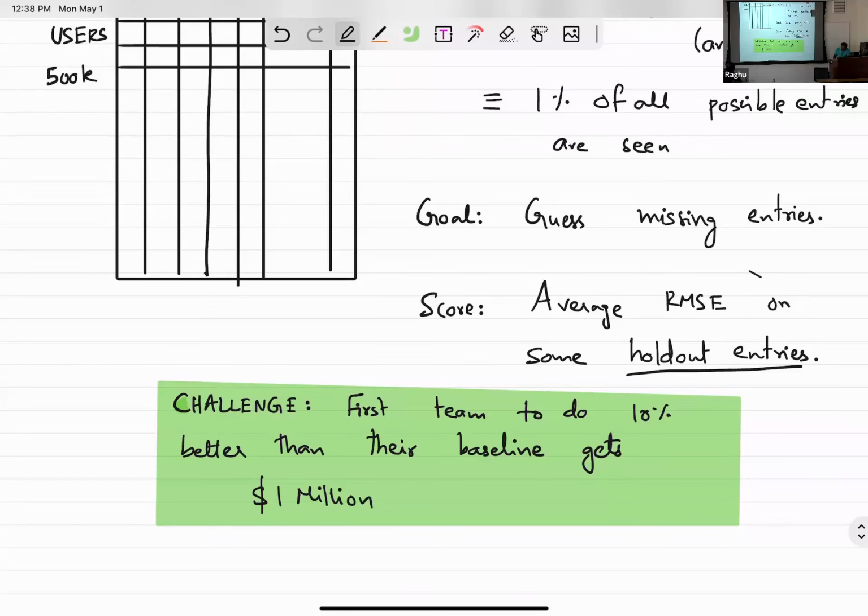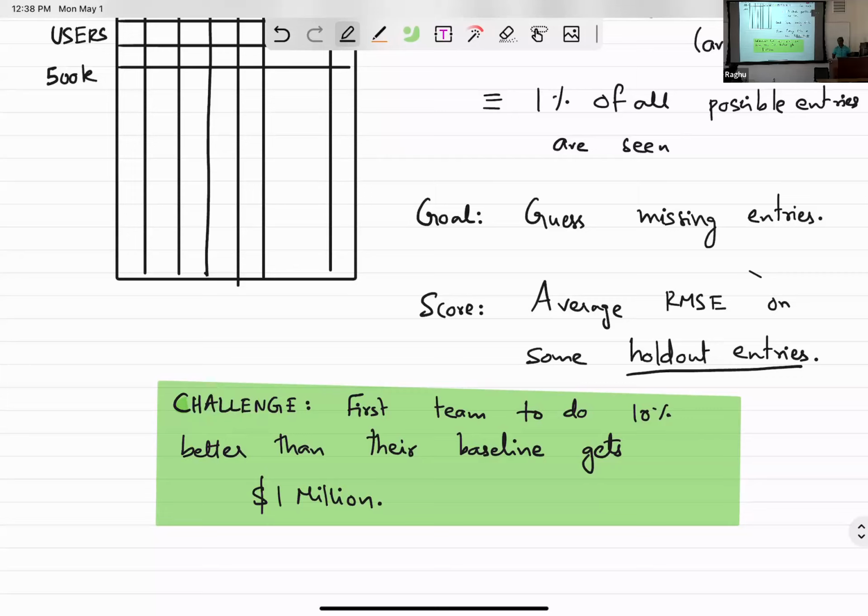Okay, that was the prize money. If you beat their baseline by 10%, whichever was the first team to do it would get $1 million. Okay. I mean, this was in 2006, I think. So if you take inflation, that's quite a bit, right?